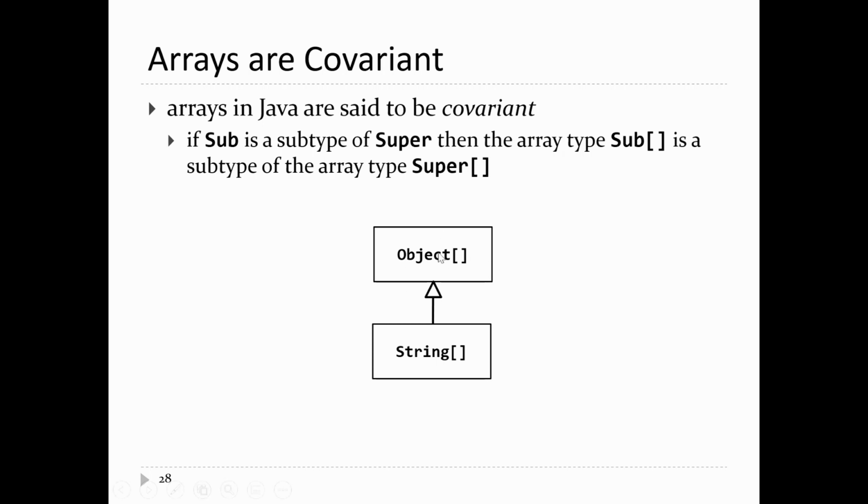So if you have an array of String, then an array of String is considered to be inherited from an array of Object. That's what it means when people say that arrays in Java are covariant. An array of a subtype is substitutable for an array of a supertype.